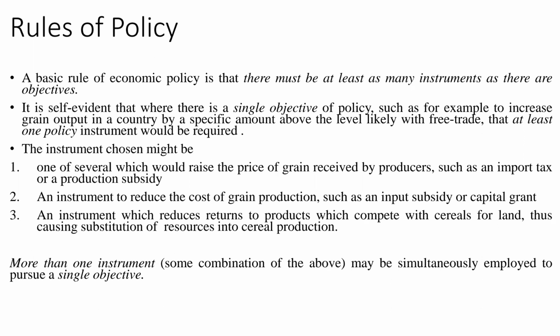The third would reduce the return to products which compete with cereals for land, thus causing substitution of resources into cereal production. So more than one instrument may be simultaneously employed to pursue a single objective.